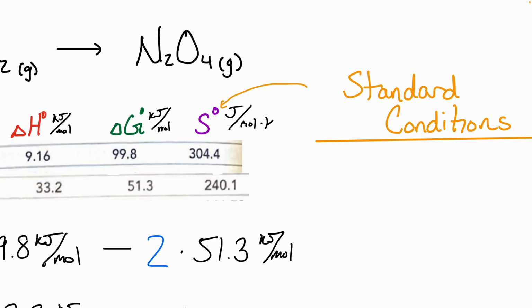Most notably, our temperature here is specifically going to be at room temperature. So we're talking about this reaction being, in this case, spontaneous and being exothermic, all at 25 degrees Celsius or 298 Kelvin.